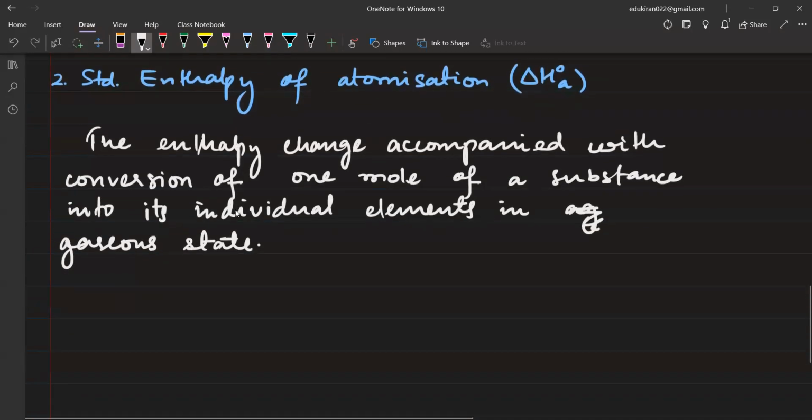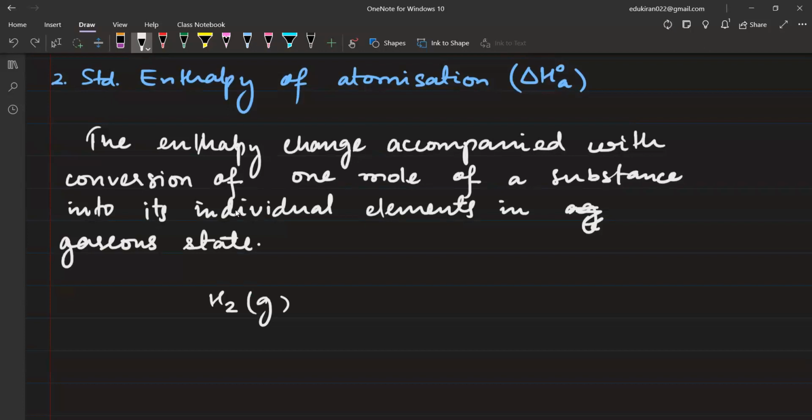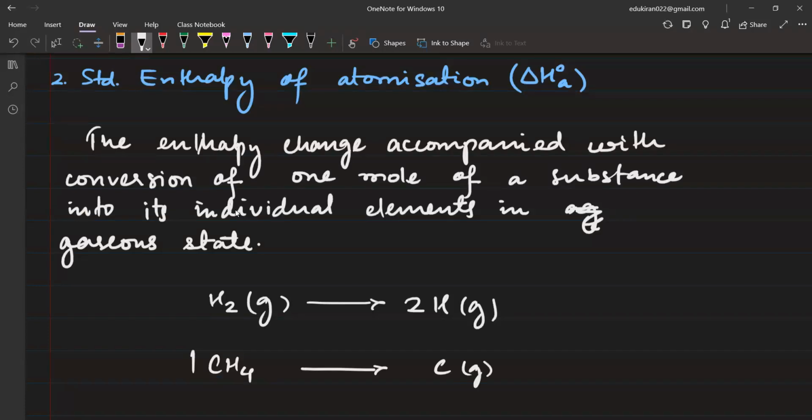Okay. So for example, if I talk about H2, so H2 is already gas, but it is not in the form of its elements, right? So H2 के element की अगर हम बात करें, so it is made up of 2 hydrogen atoms in the gaseous form. If I talk about CH4, we'll take 1 mole of CH4 and convert it to carbon, which will also be in the gaseous form, and 4 hydrogen, also in the gaseous form.